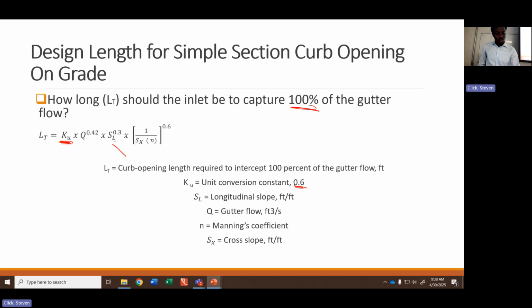This value is the longitudinal slope of the road. This is the slope of the gutter. The N is the Manning's coefficient, and the Q is the flow in the gutter. But as I said earlier on, this is the ideal condition that's not used on the field because of how high the values we get are. But it helps you to calculate the efficiency as you move on.